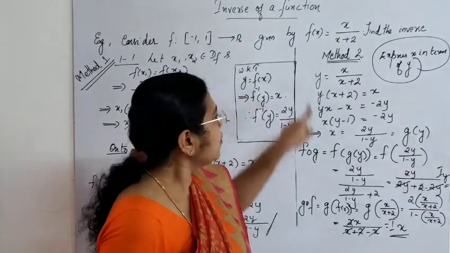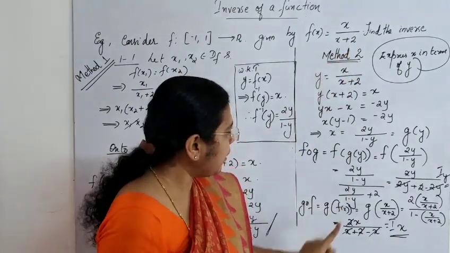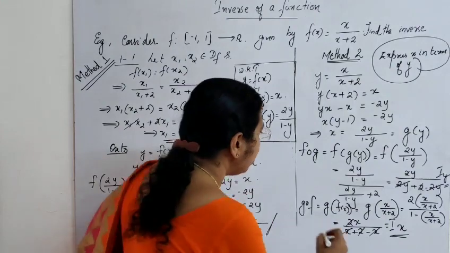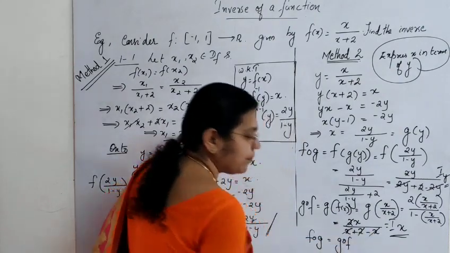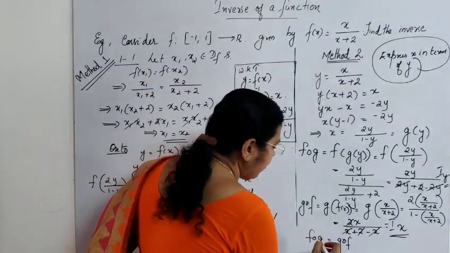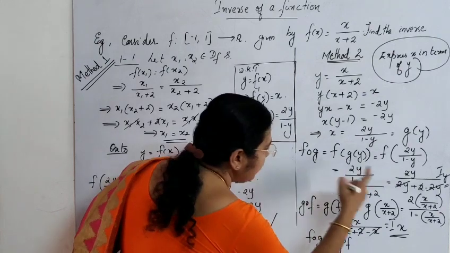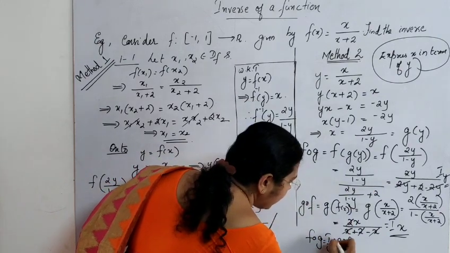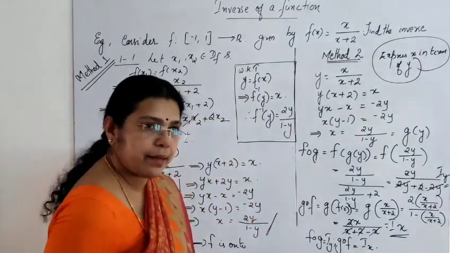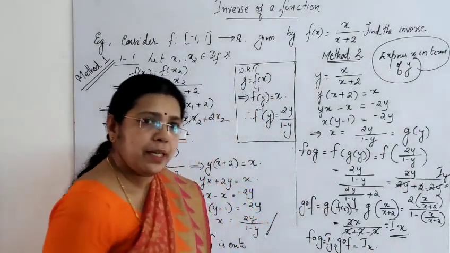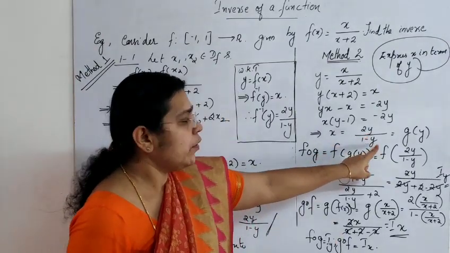So here we are asked to find the inverse of f. So what is the inverse? g is the inverse. From here I conclude, since f of g equals IY and g of f equals IX, it is invertible and the inverse is 2y by 1 minus y.